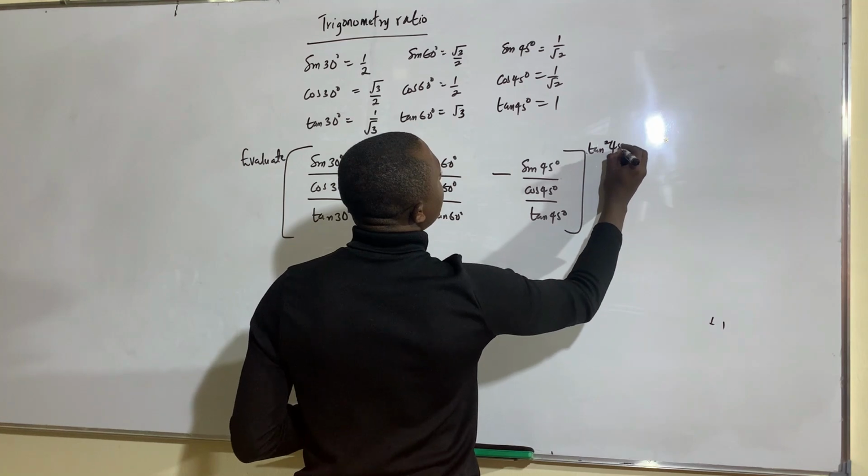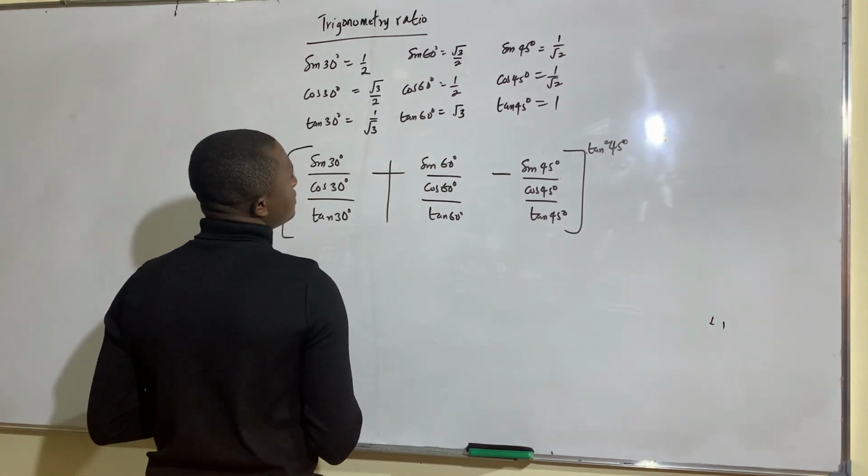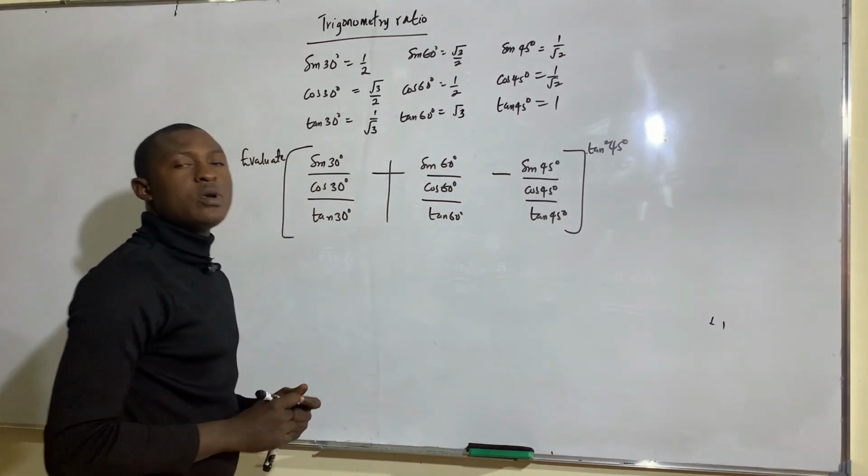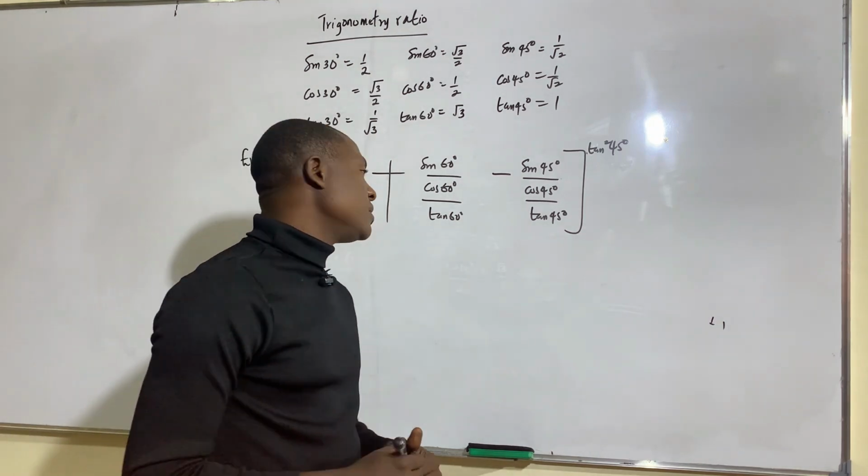Tan square 45. Evaluate without using a four-figure table. So meaning you are going to use the knowledge of trigonometric ratios.